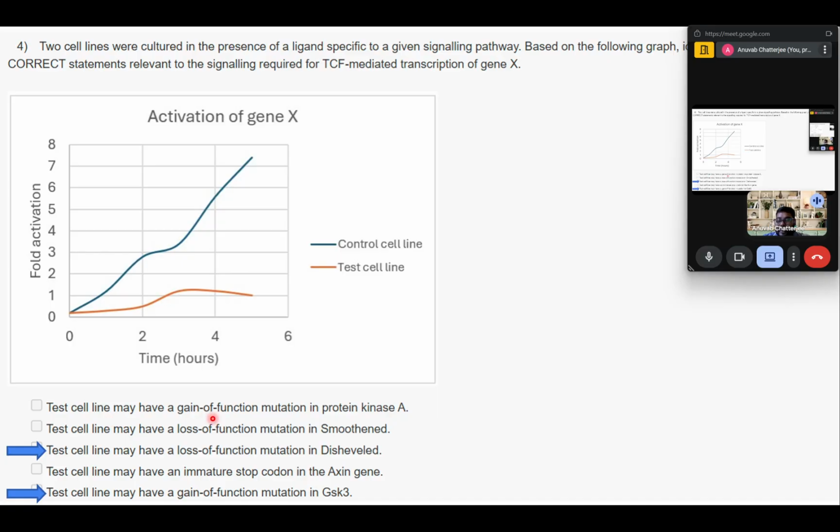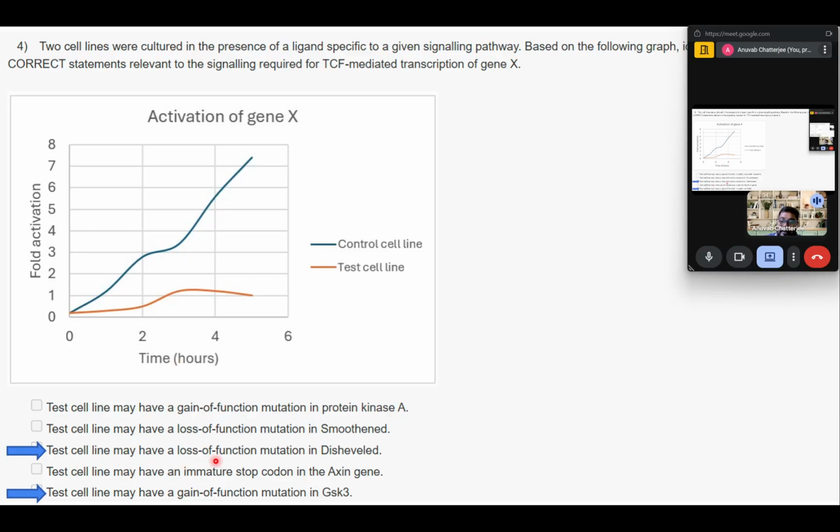Test cell line may have gain of function mutation in protein kinase A. Protein kinase A is not involved in the TCF mediated transcription of gene X, so we don't care about this option. This was in the smoothened pathway, if you remember, or the sonic hedgehog pathway. Test cell line may have a loss of function mutation in smoothened. Again, hedgehog pathway, we don't care about this one because we are looking at TCF mediated transcription, so Wnt signaling pathway partners are what we care about.